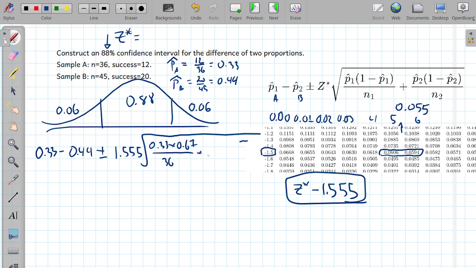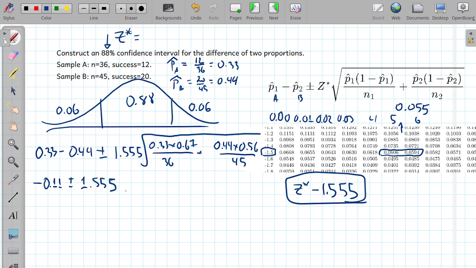And then over here, I got that little blip in the way, let's get rid of that. Then we have 0.44 times 0.56, and this is divided by 45. Now, what do we have over here? This is negative 11 percentage points. So let's mark that in there.